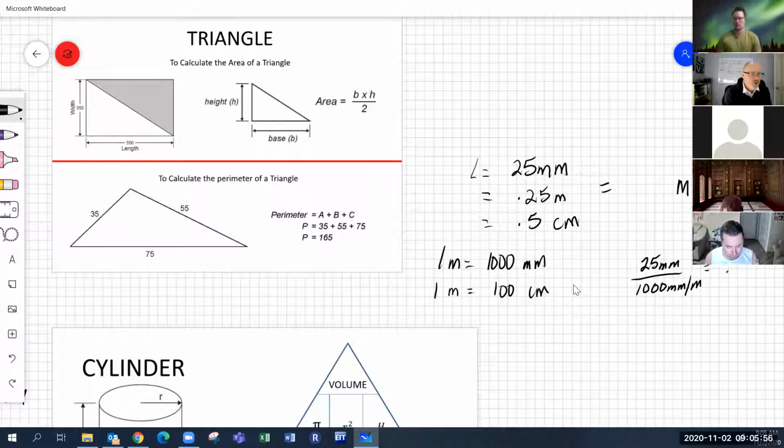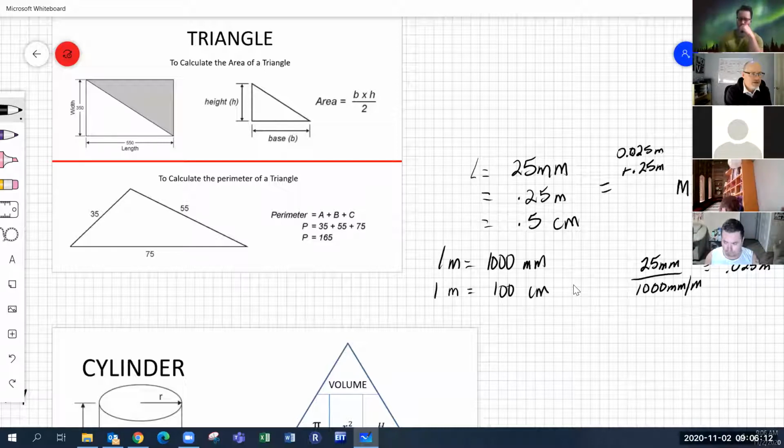So that's 0.025 meters. So there we go. 0.025 meters plus 0.25 meters plus, and now I've got to convert the 0.5 centimeters divided by 100 centimeters in a meter to get 0.05 meters.